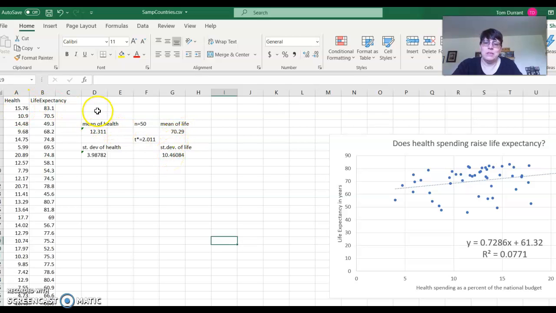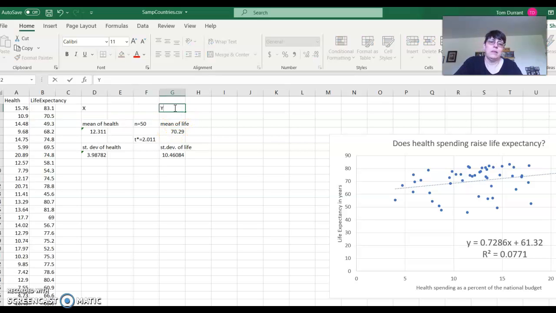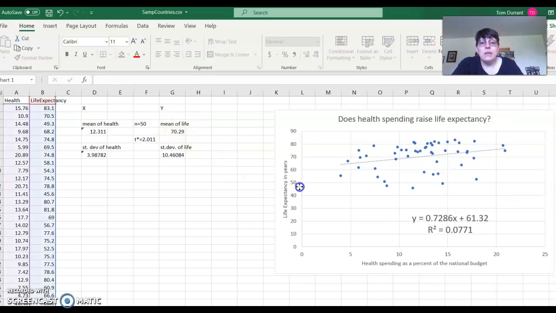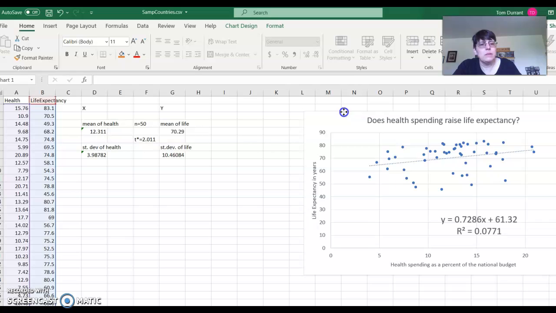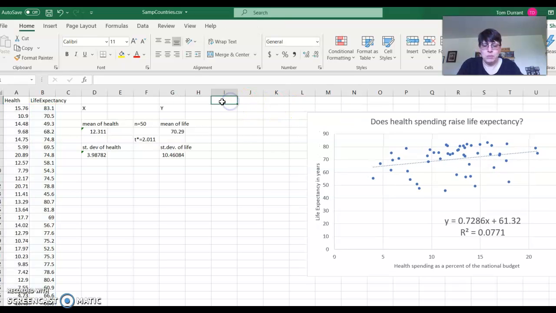So this is the x side, and y. And then I did a scatter plot and added a regression line, which gives me y-hat basically. So go ahead and label y-hat.